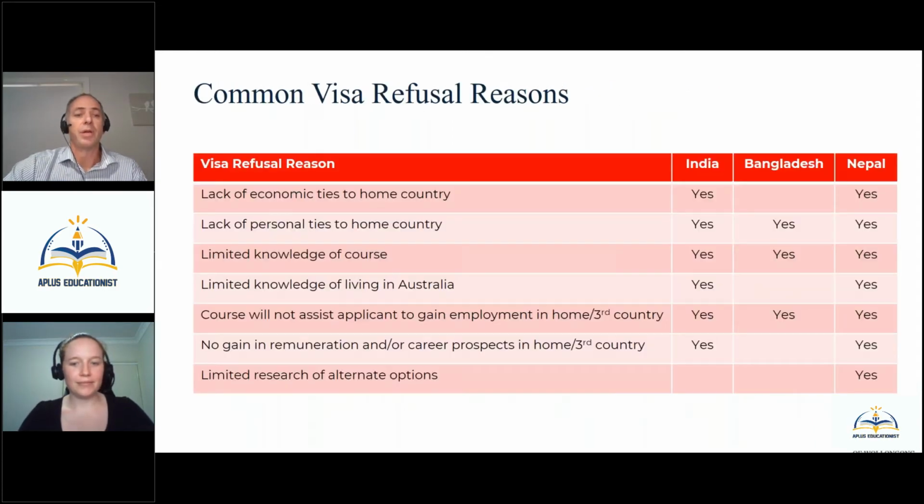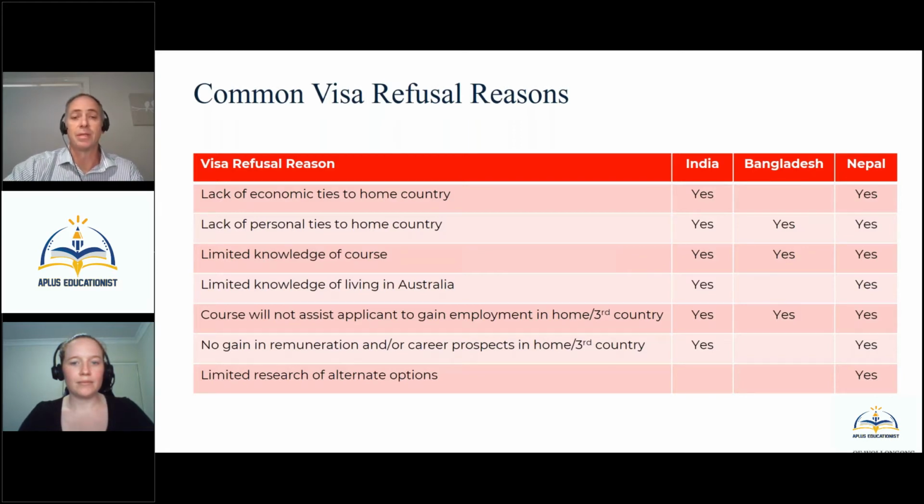The next slide is around the common visa refusal reasons. This is just a bit of awareness for everyone, and we have three countries listed there. For anyone on the call from other citizenships who would like this information for your country, please liaise with your recruitment agent and we'll be happy to provide it.